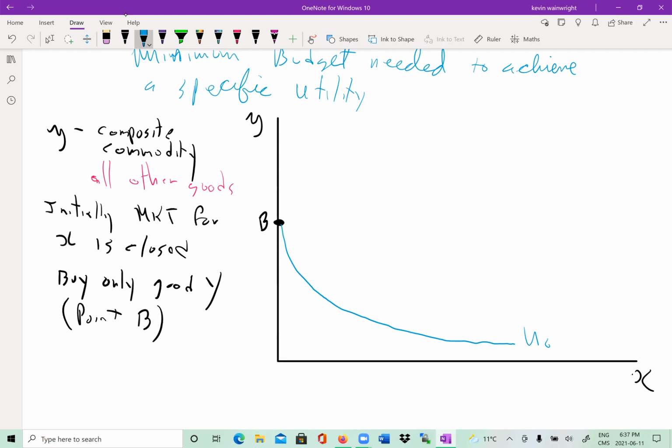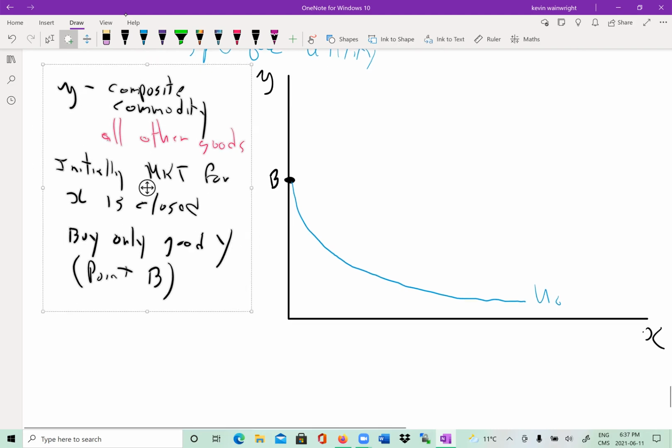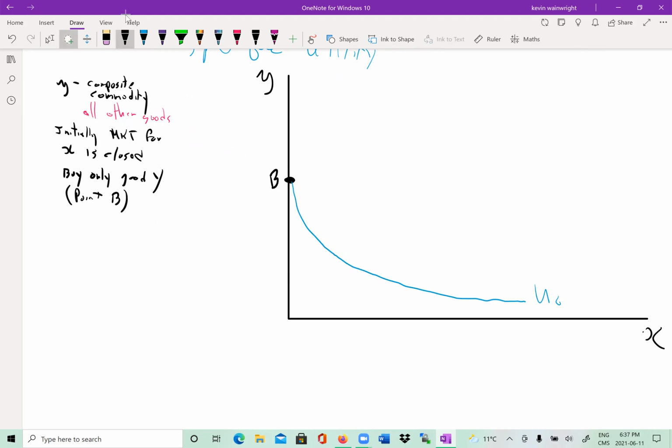Then I'm going to open the market for X. So the market for X opens at a price PX.